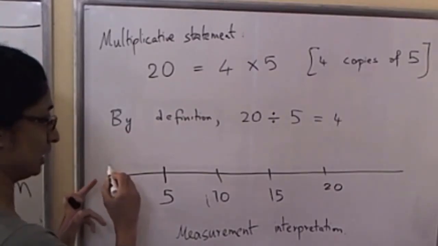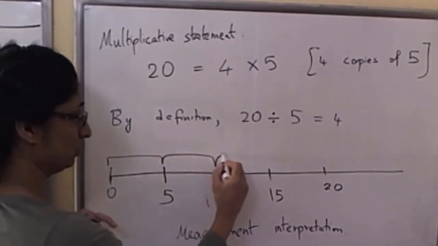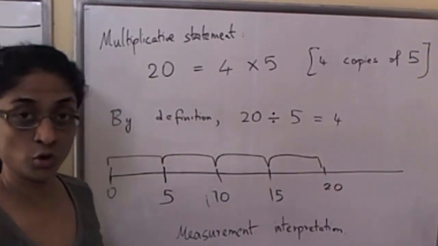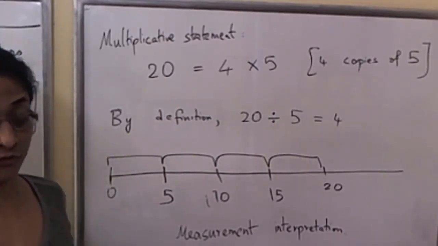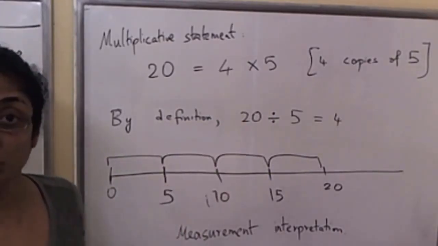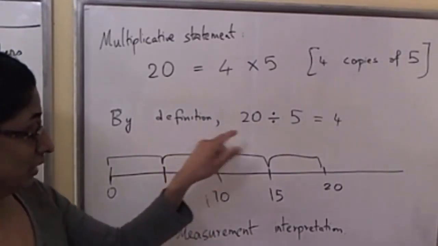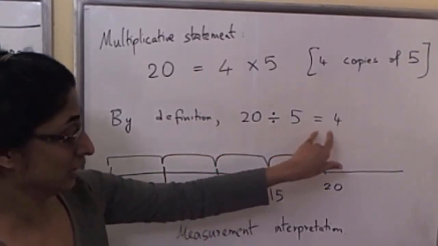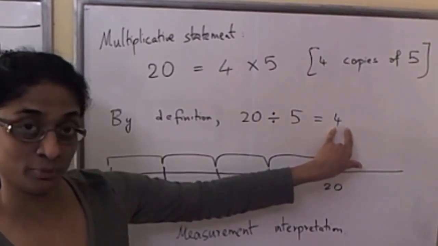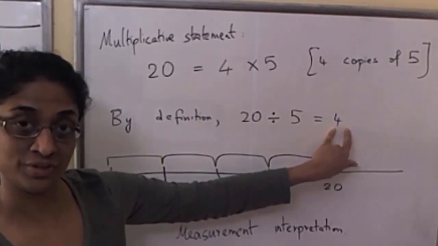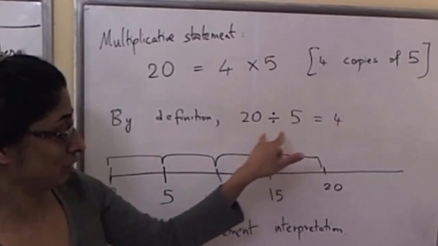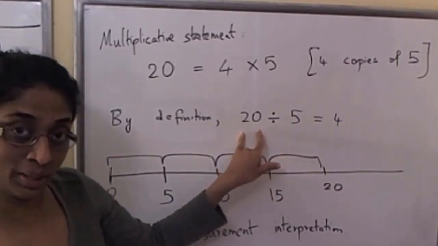So as you can see, we have 1, 2, 3, 4 multiples of 5 in 20, 4 copies of 5 in 20, and hence the answer is 20 divided by 5 is 4. 4 is the number of people who can receive exactly 5 apples when we distribute 20 apples.